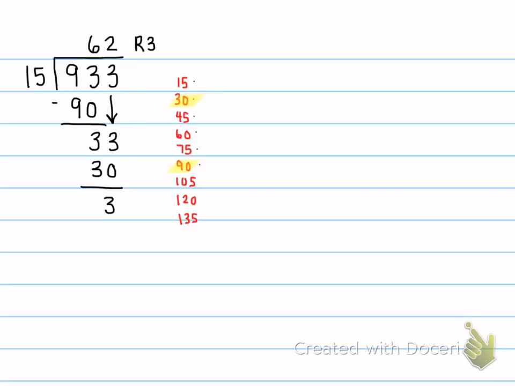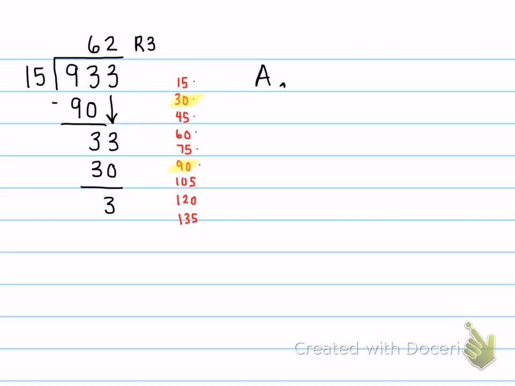Okay. So now we have to actually think about what this problem is asking. Let's start with A. A asked, how many bins does the library need? So what you have to do is you have to realize that there are 62 bins and there are 3 magazines left over. So if you interpret that remainder, if you say that you have that 3 left over, that means we need another bin for those 3 magazines, okay?